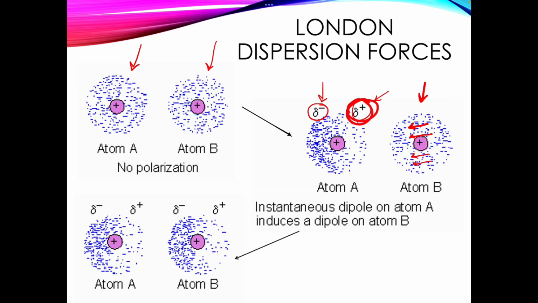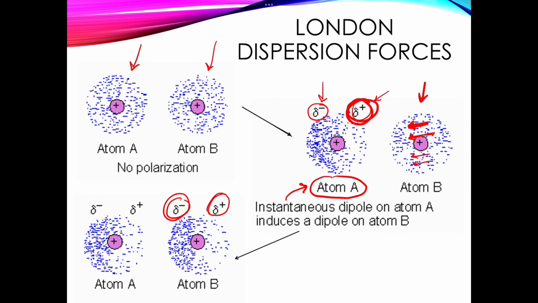So the fact that this is partial positive right now is going to send the electrons in this atom closer to it, which makes that side of the atom partial negative and the other side partial positive, because it was next to this other instantaneous dipole. This here is called an instantaneous dipole because it just happened, because the electrons happened to be zooming around and ended up more on one side than the other. So that just happens.